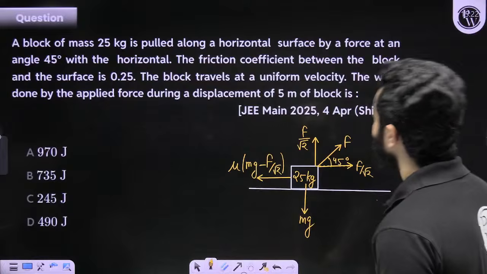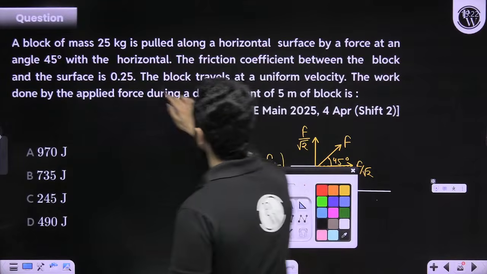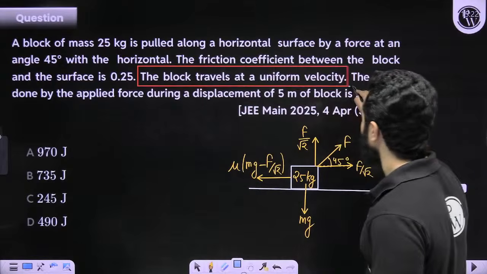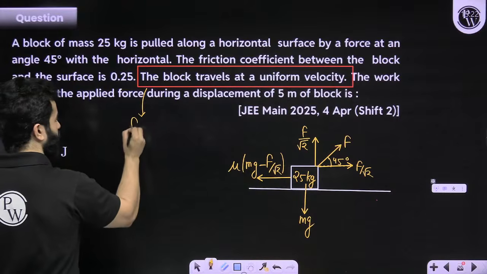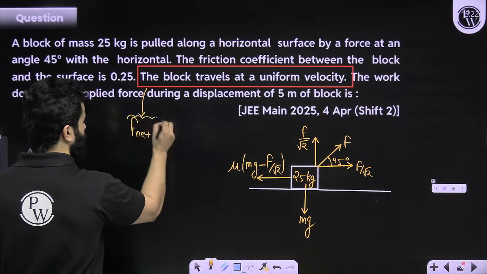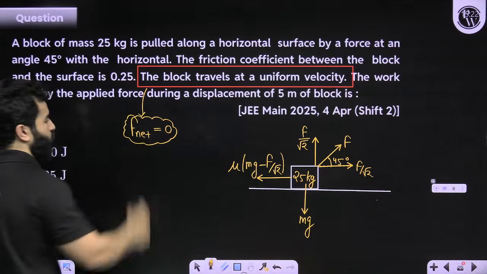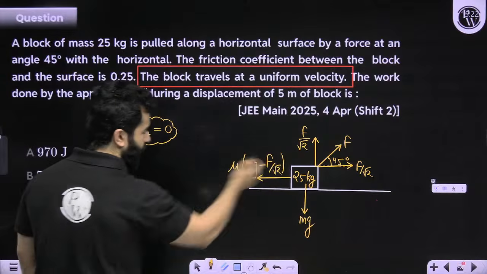The block travels at a uniform velocity. This is very important. When they say that the block travels with uniform velocity, it means that the net force will be 0. And if the net force is 0, we are going to equate these two forces.